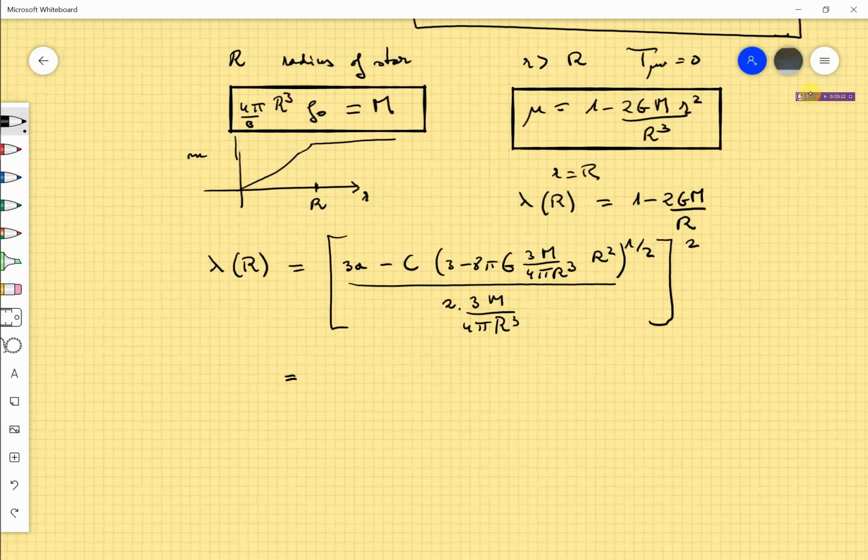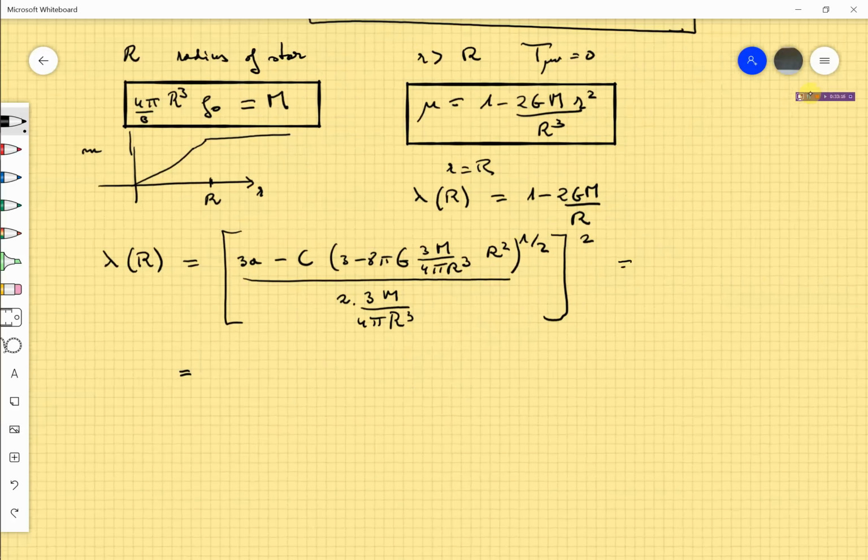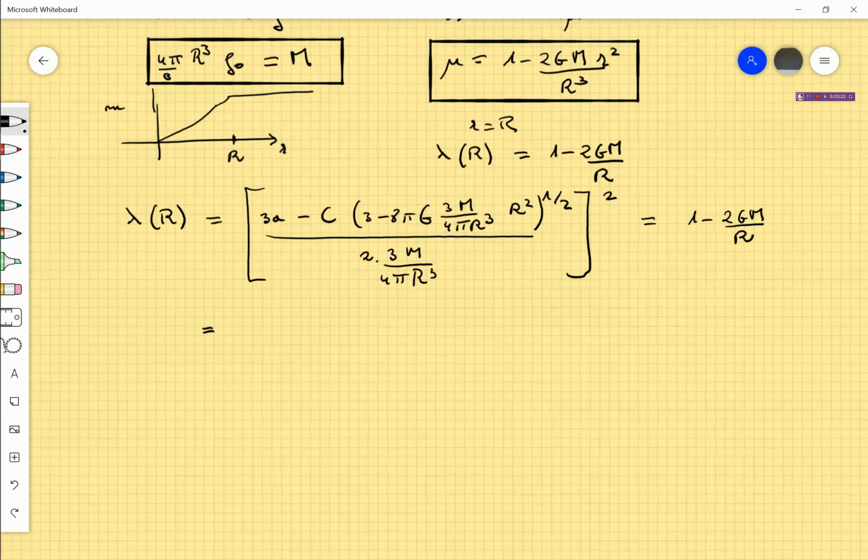Now we operate. We impose that this has to be equal to 1 minus 2G capital M divided by capital R. Let's operate a bit to simplify this expression. We get 2 here, and we can take this outside of the square.